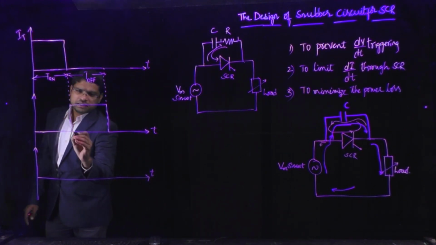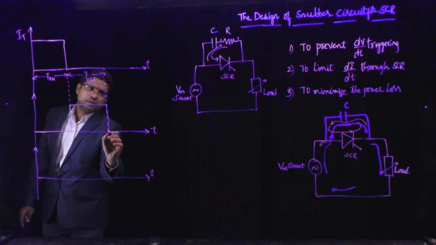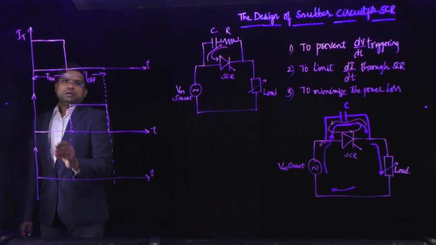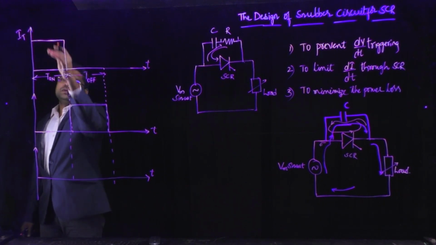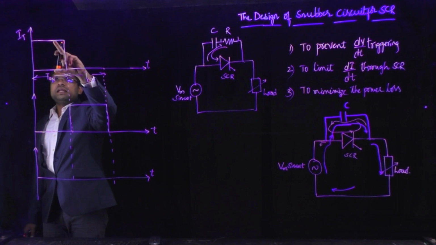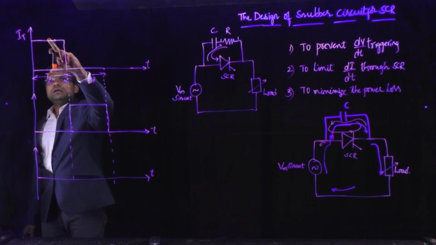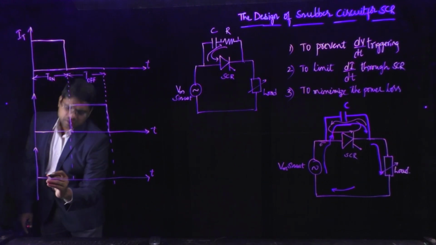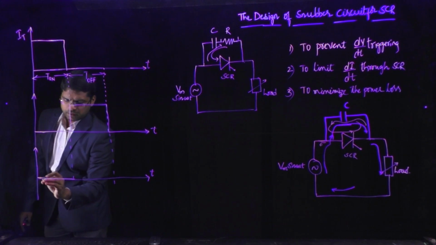So now let us consider, during the turn on period of the SCR, there is a certain magnitude of current and 0 voltage. So that means there is 0 power.